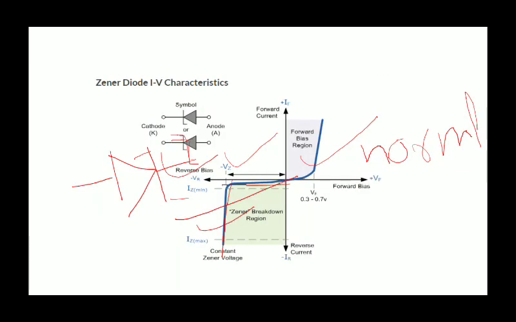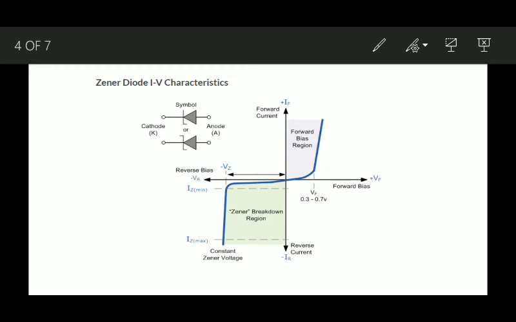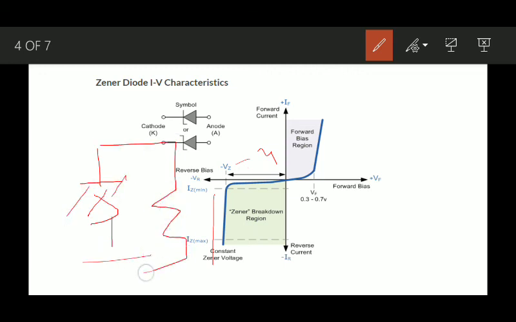One simple principle of the operation of the Zener diode, as I told you: whenever the voltage across the Zener diode exceeds the Zener breakdown voltage, a large amount of current will flow across the diode, which keeps the voltage constant at Vz. So the load connected in parallel to the Zener diode will feel a constant voltage Vz, because whatever extra voltage comes across the diode will produce extra current.